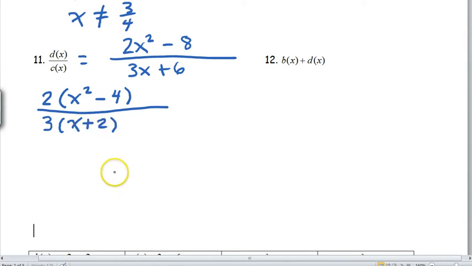Is there any more factoring I can do? Yes. The x squared minus 4 is the difference of 2 squares. That needs to be factored further. So that's going to be 2 times x plus 2 and x minus 2.